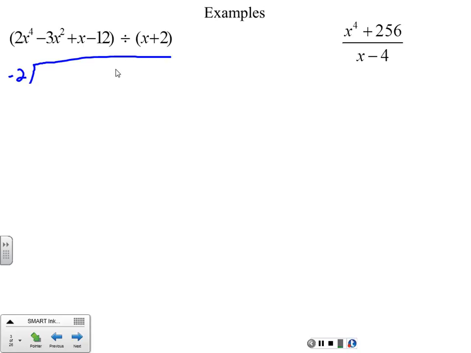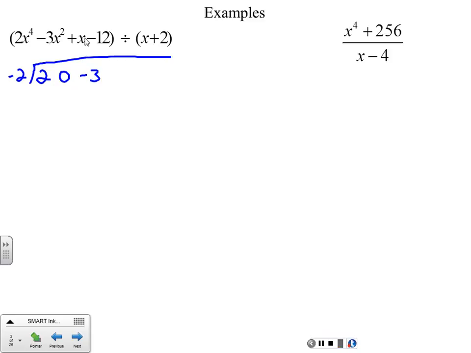And then underneath here, check your exponents, okay? Because if you're skipping an exponent, you've got to throw a 0 in there. So look, we're going from 4 to 2. So the third degree is missing. So we're going to hit 2, 0, negative 3. So now we have 4, 3, 2.